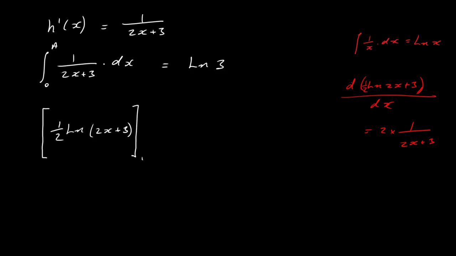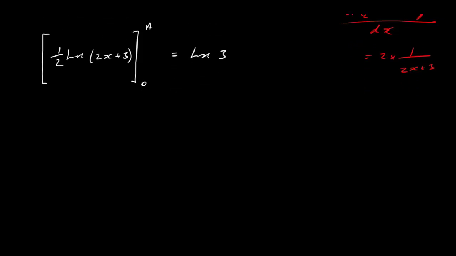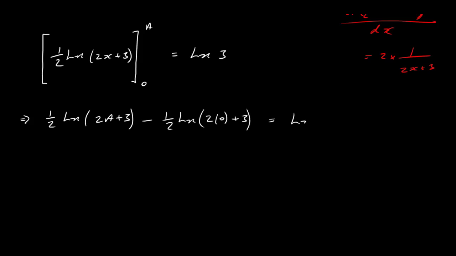Now we've got to integrate between 0 and a, and we know that our answer is log 3. So let's just make this equation then by substituting in the a and the 0 instead of x. So we've got half log 2a plus 3 minus a half log 2 times 0 plus 3, and that's equal to log 3.